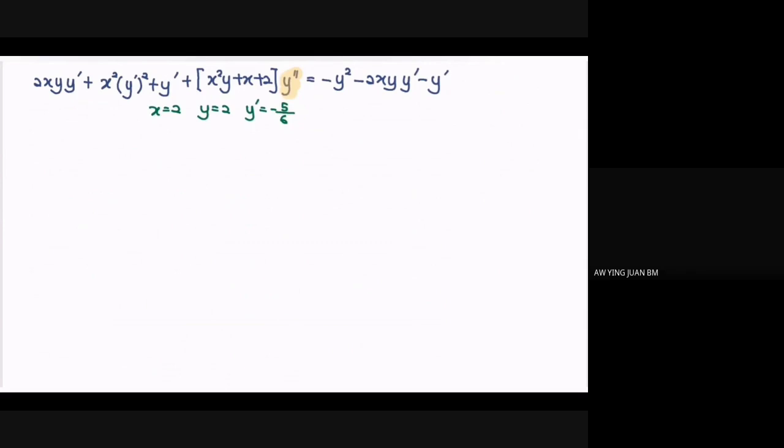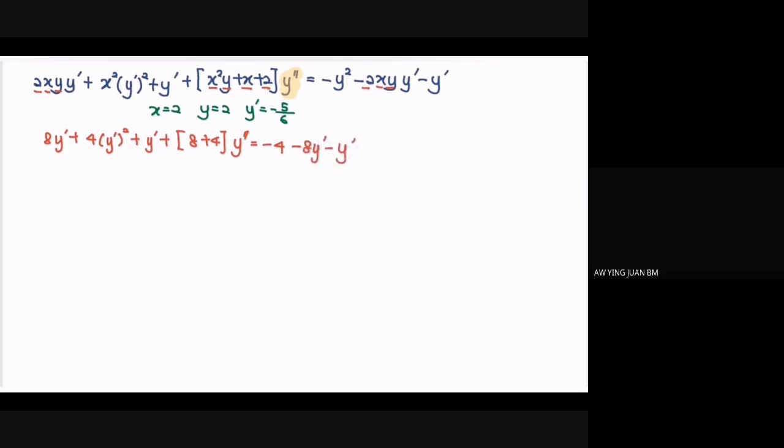We will have 2 multiplied by 2 is 4, multiplied by 2 is 8y prime, plus 4y prime squared, plus y prime, plus (2 squared is 4, multiplied by 2 is 8, plus 2, plus 2, so plus 4) second derivative equals negative 4 minus 2 multiplied by 2 is 4, multiplied by negative 2 is negative 8y prime, minus y prime.